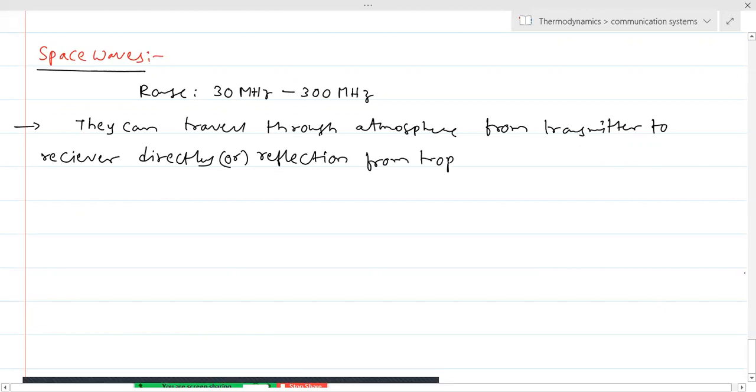These terms are very important. Troposphere.